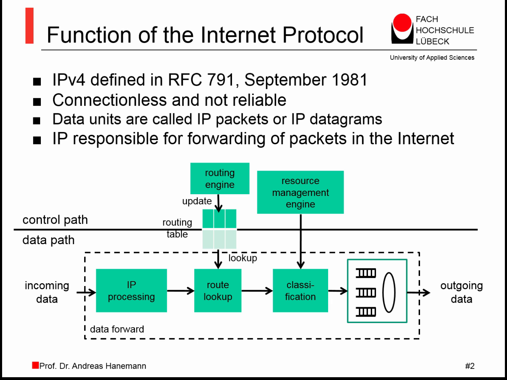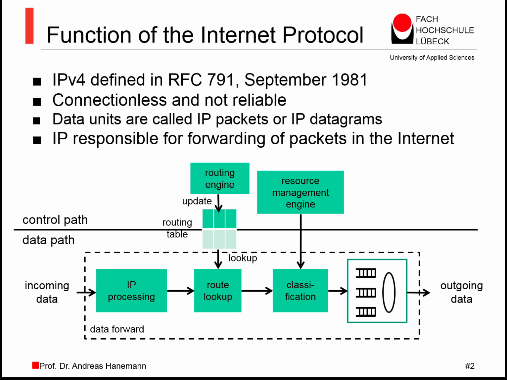On the data path we have packets which contain user payload. In the Internet, control data and user data are sent on the same links, which is called inline signaling. The alternative would be out-of-band signaling, where additional links exist just for control data. In this figure we focus on what is happening on the data path.